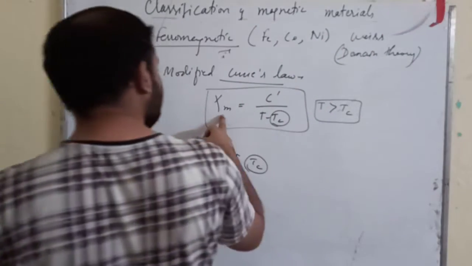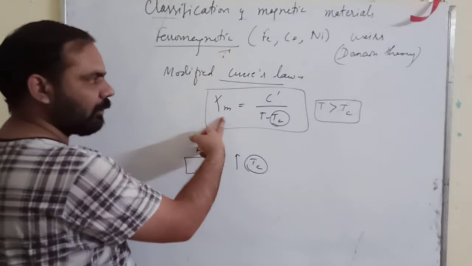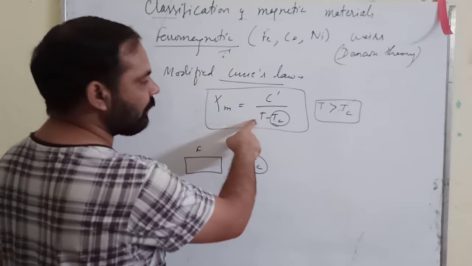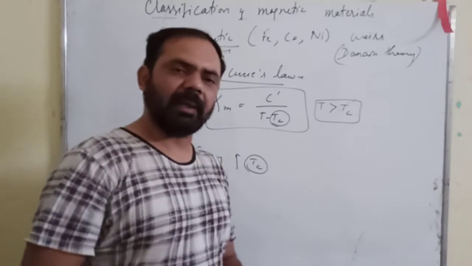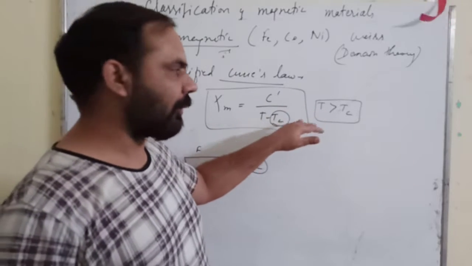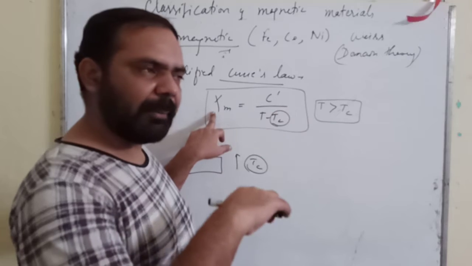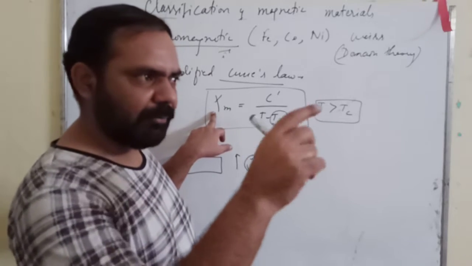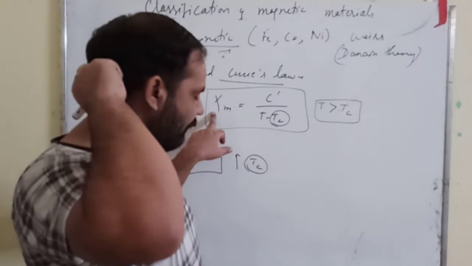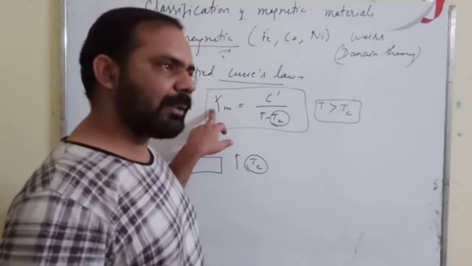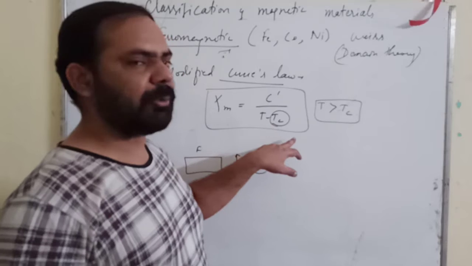Now this magnetic susceptibility depends inversely on the excess temperature beyond the critical temperature. Right, in paramagnetic materials, which were following Curie's law, the magnetic susceptibility was inversely proportional to the absolute temperature.